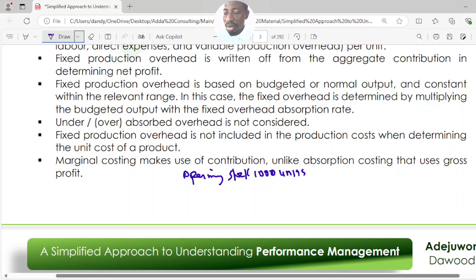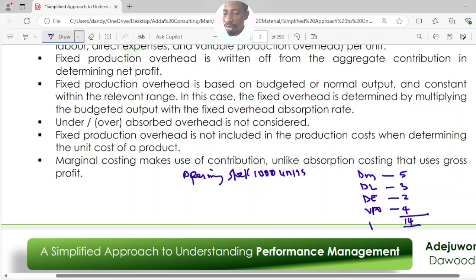For example, I'll pick direct material. Let's say direct material is 5 naira. I'll pick direct labor. Let's say direct labor is 3 naira. I'll pick direct expenses. Say this one is 2 naira. I will also pick variable production overhead per unit. Let's say this is 4 naira. I will then add everything together. This will give me 14 naira.